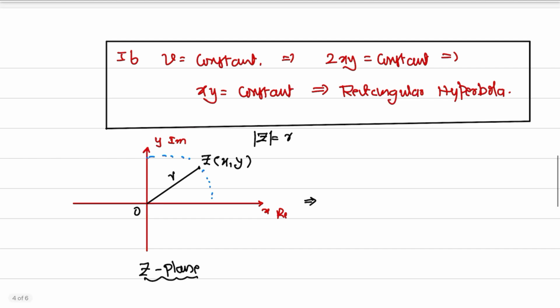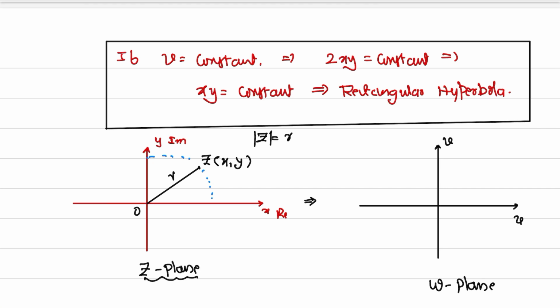In that case, if we consider the real number and imaginary number as constants, x square minus y square is equal to some constant. Components are constant. This is u, this is v, this is w plane for w is equal to z square.